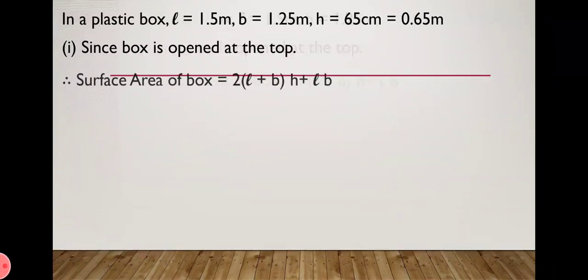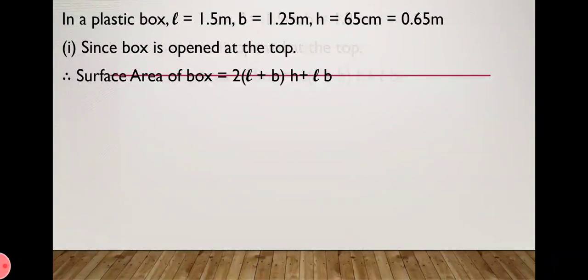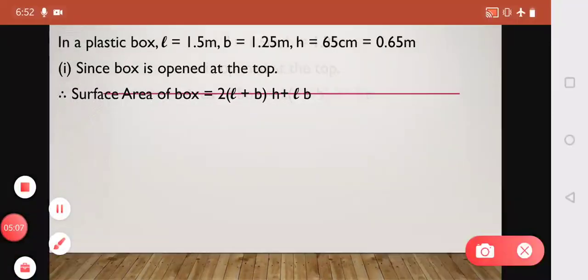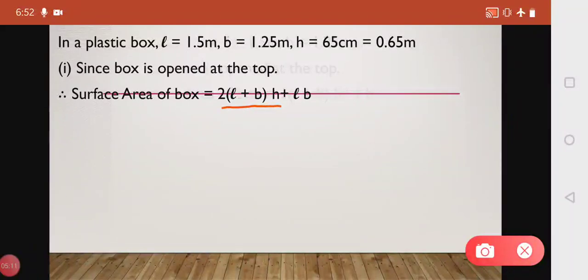Therefore, surface area of the box equals twice (L plus B) into H plus LB, because twice (L plus B) into H is the formula for the four walls of a plastic box, and length into breadth is the formula to find out the base of the box.